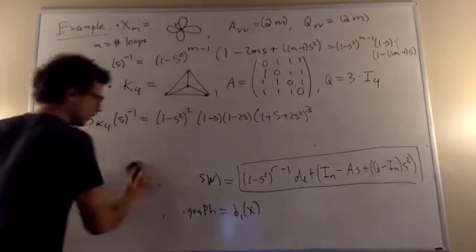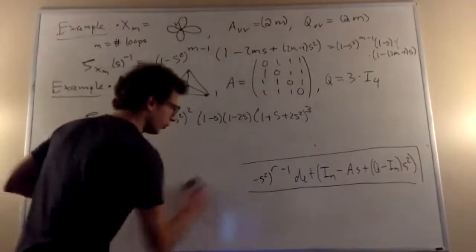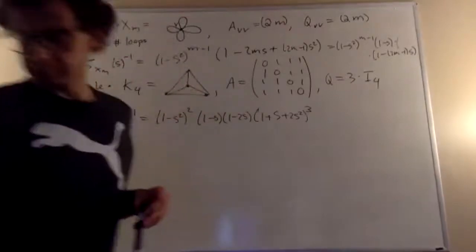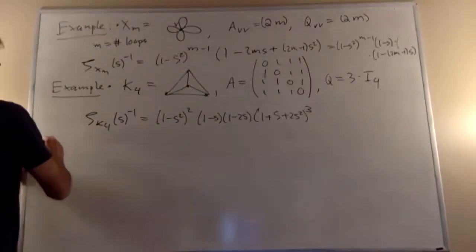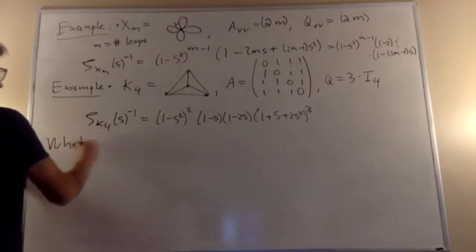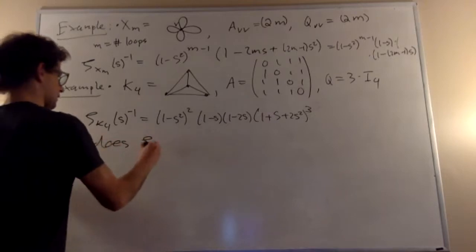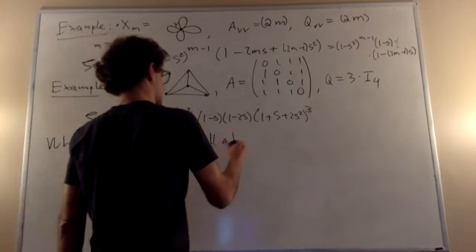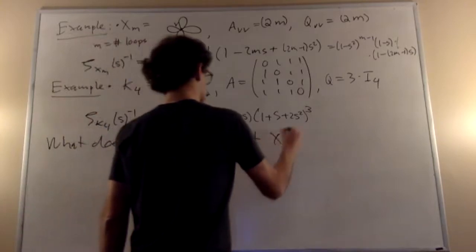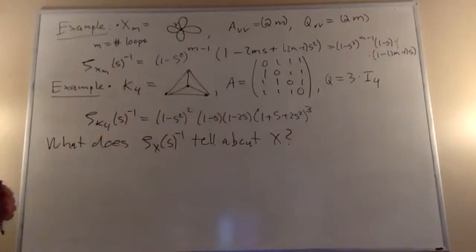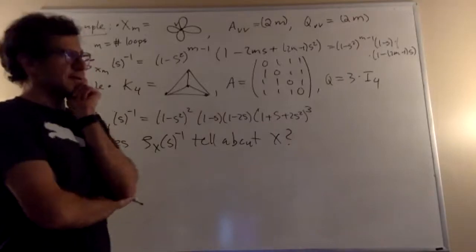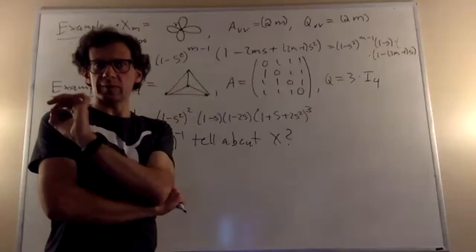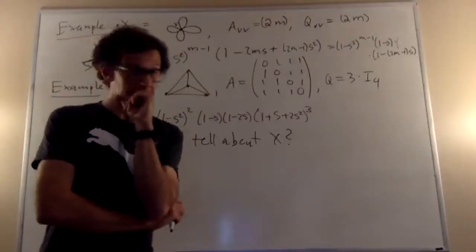Now, a question you might be asking yourself is, what is all this for? What can the zeta function tell you about a graph? What does zeta_X(s) tell about X? Well, if you remember the Riemann zeta function, it has a simple pole at s equals 1, because the harmonic series diverges.